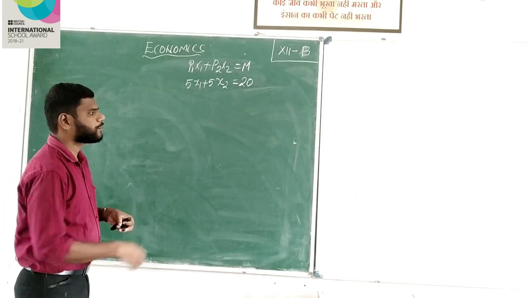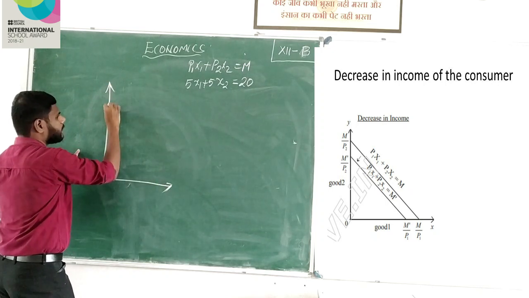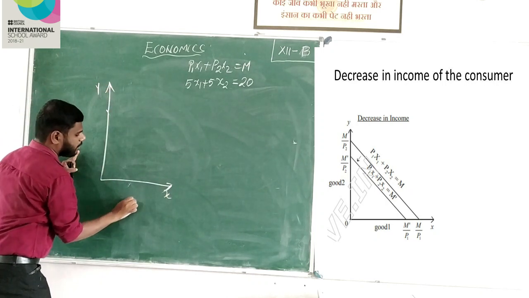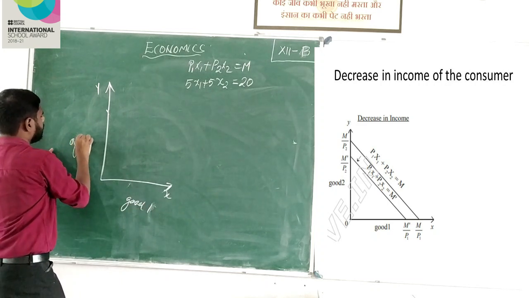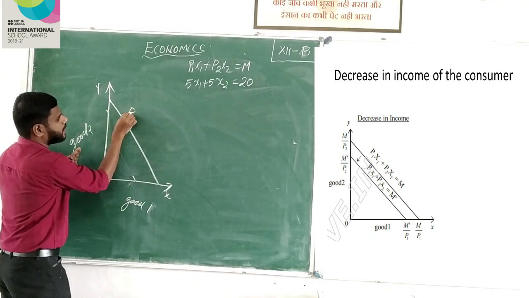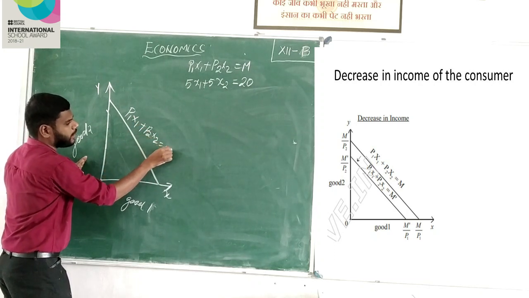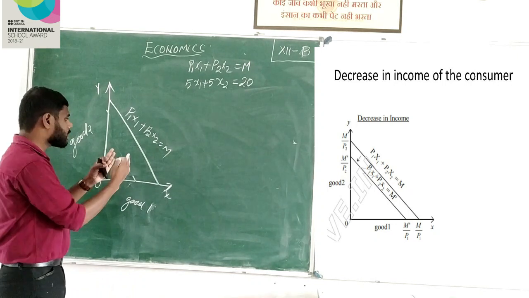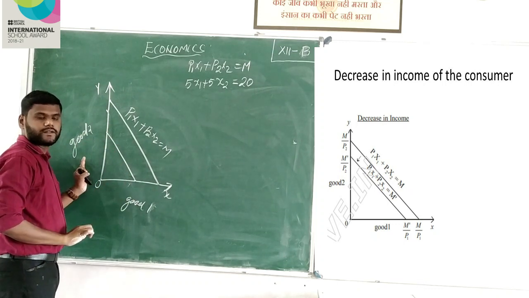This is the example. Now consider this: y-axis, x-axis, good. The budget line is P1 x1 plus P2 x2 is equal to M. When the income of the consumer changes, the budget line shifts to the left side.